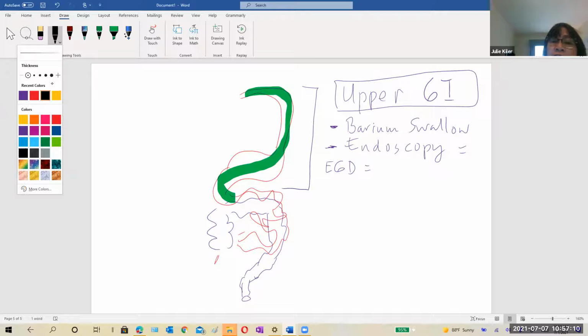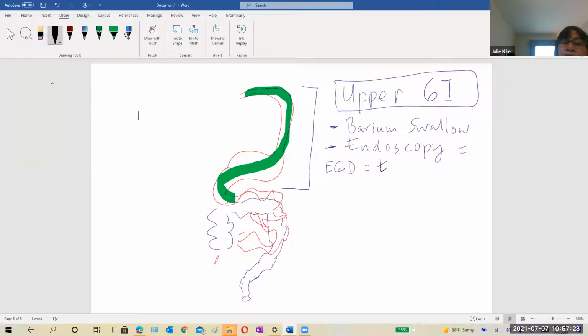So what does EGD stand for? It's just the names of these three body structures. We start from the esophagus, so we call it esophago. Good, Carmen. Keep going.